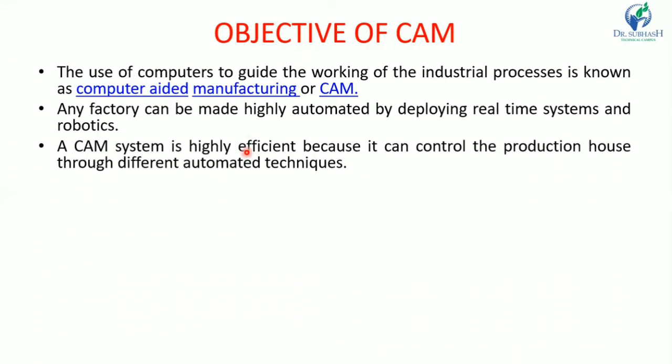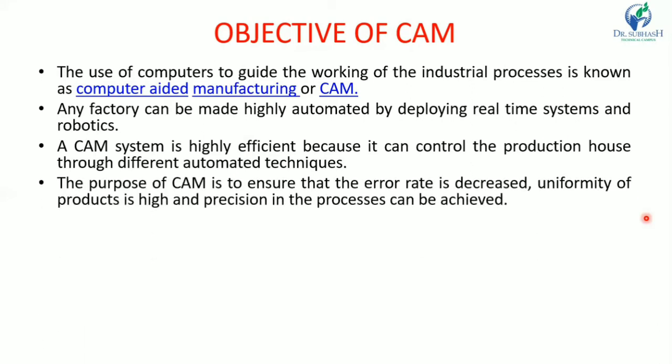A CAM system is highly efficient because it can control the production house through different automated techniques. The purpose of CAM is to ensure that the error rate is decreased, uniformity of product is high, and precision in the process can be achieved.